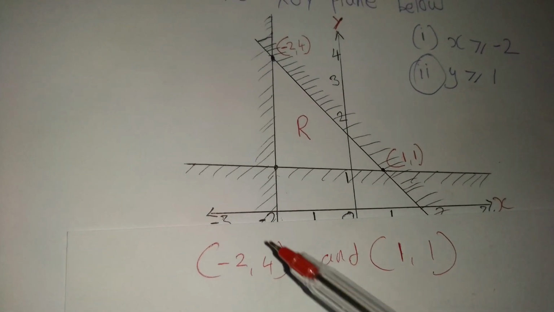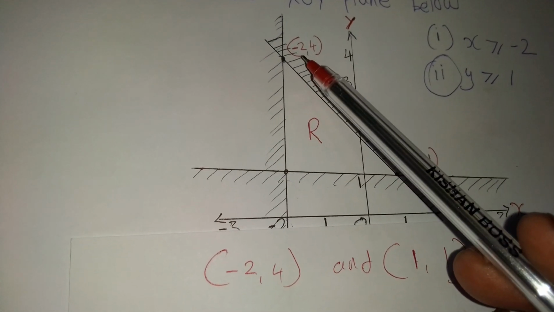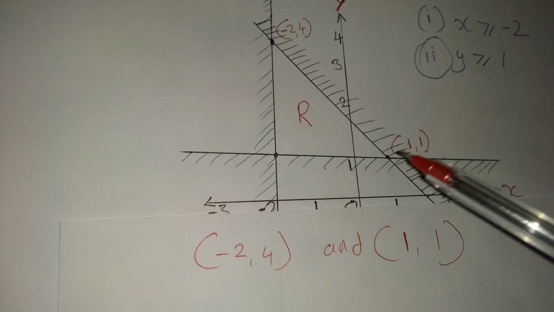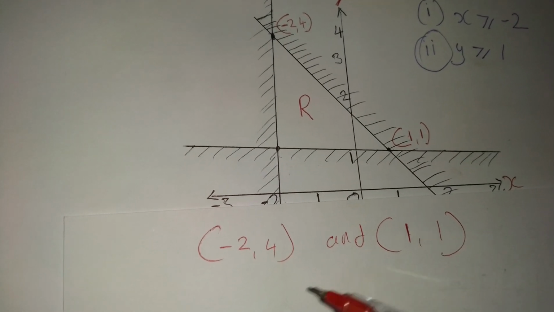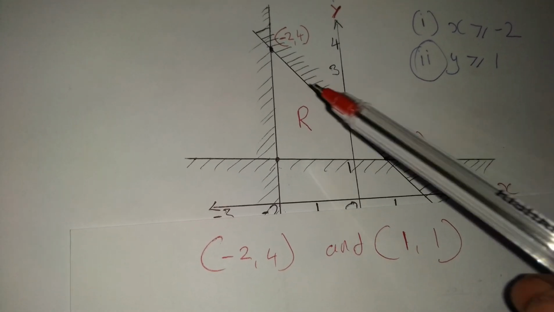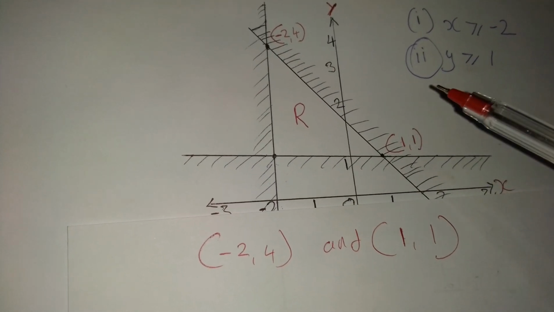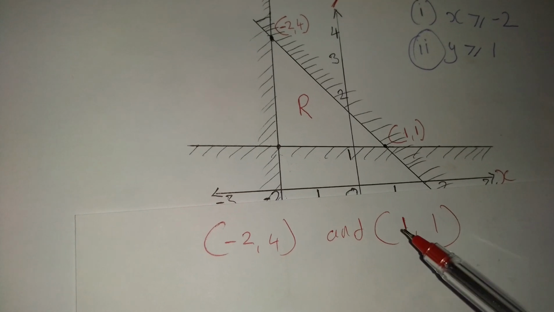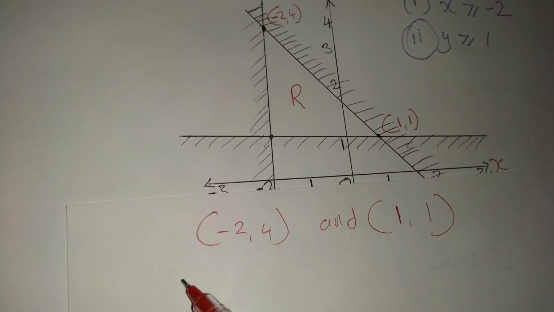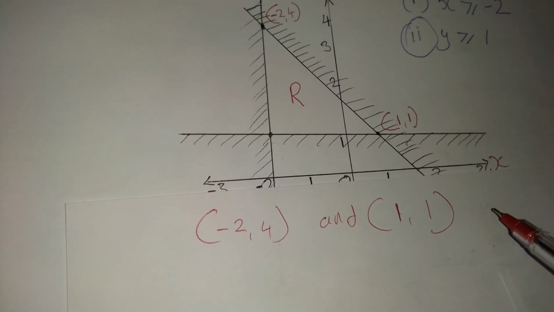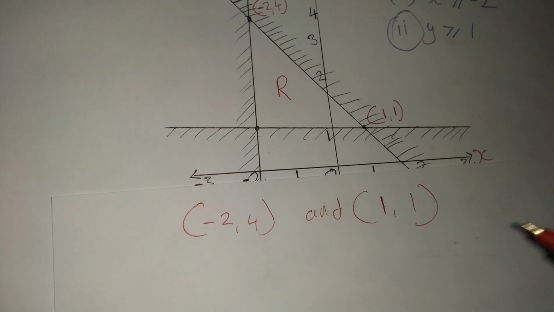So as you can see here, I've just picked this point, -2, 4, which is here, and 1, 1, which is here. The reason I'm doing this is I want to find the slope or the gradient of this line. It doesn't matter. If I wanted, I could have started with 1, 1 here and -2, 4 on that side. Still the gradient will be the same.